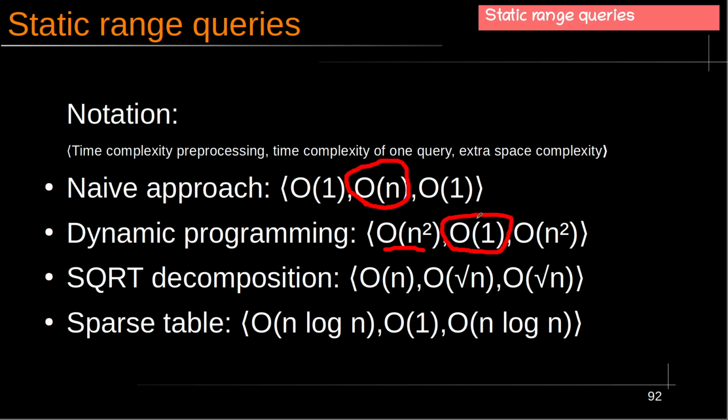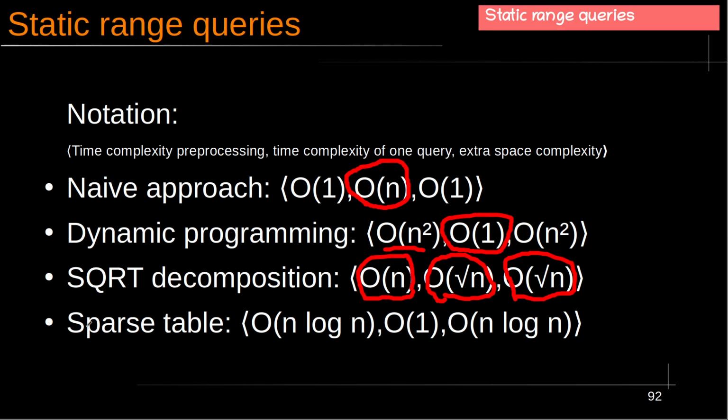We have to build a 2D array and store in the array all the answers of all the ranges. And the square root decomposition is square root of n time complexity for a single query, and linear time for the preprocessing, and square root of n to build the array of blocks.